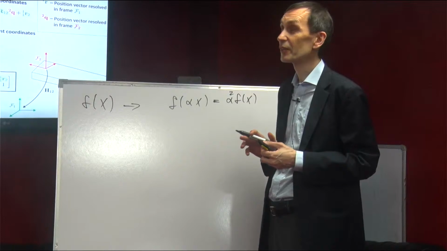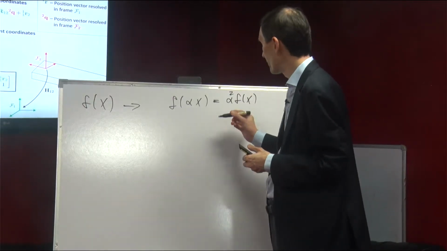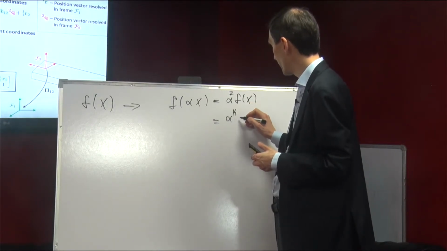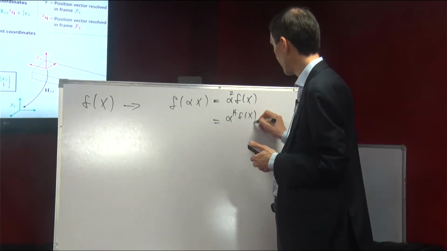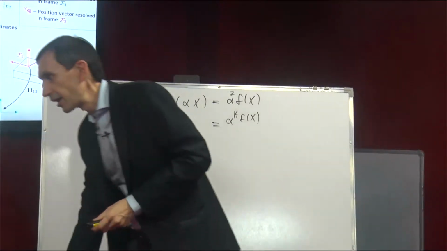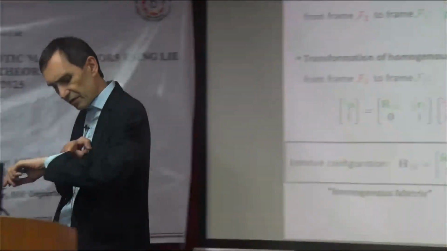Now, if it is homogeneously quadratic, that's the point. So a function is homogeneous of degree k if f of alpha x is alpha to the power of k times f of x. Anyway, this is just mathematics. I would just like to emphasize that this has nothing to do with this. I guess we are already on time.